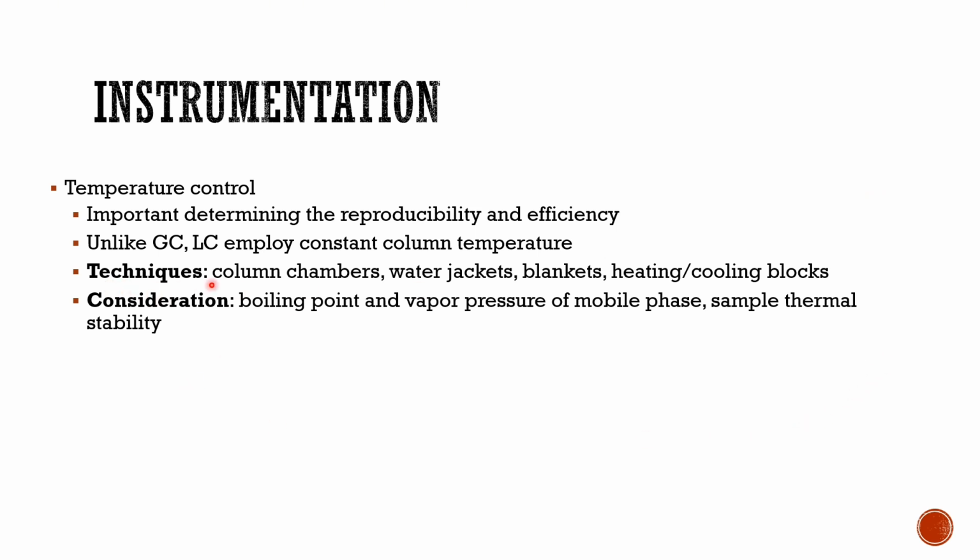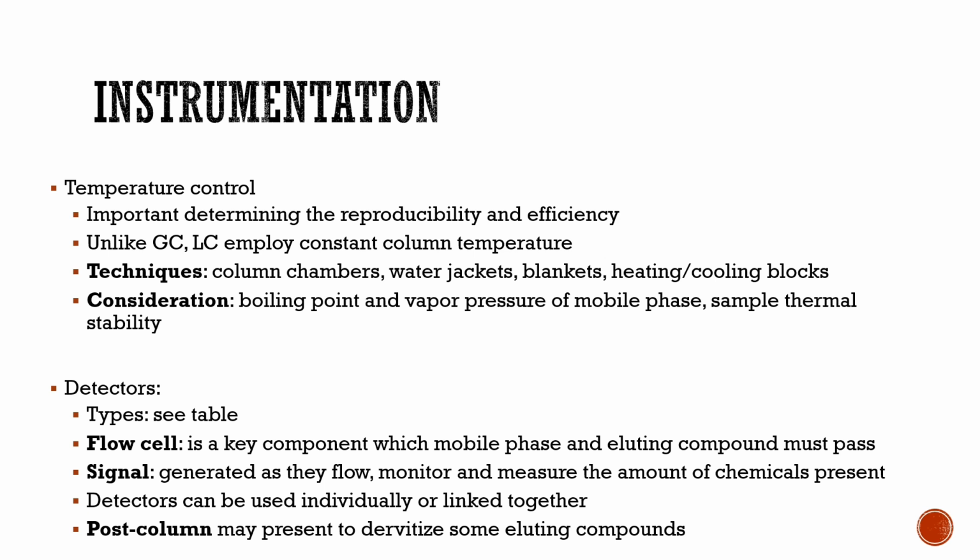There are different techniques to control the temperature: column chambers, water jackets, blankets, heating and cooling blocks. The detectors, we have different types of detectors here, and it's important that you know them. At the detector, there is a flow cell, which is where the sample and mobile phase will pass through, and then we get the signal to be detected by the analyzing system.